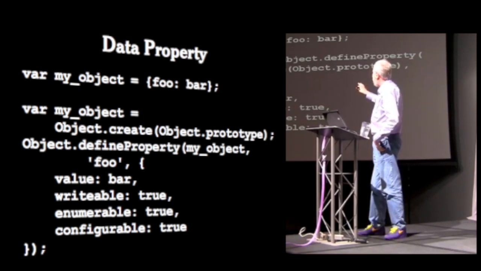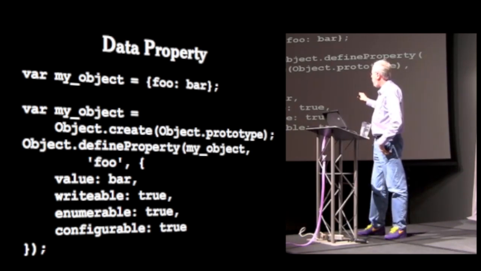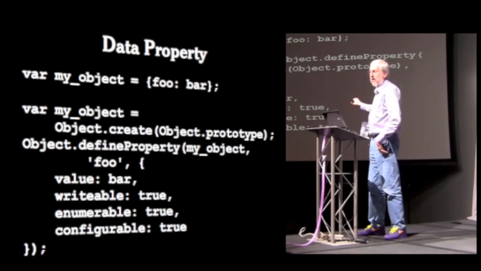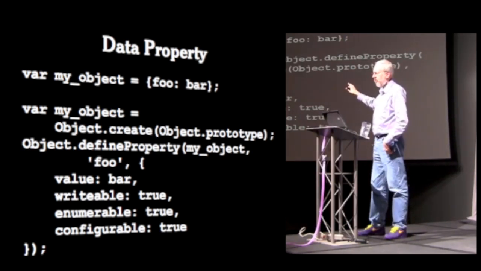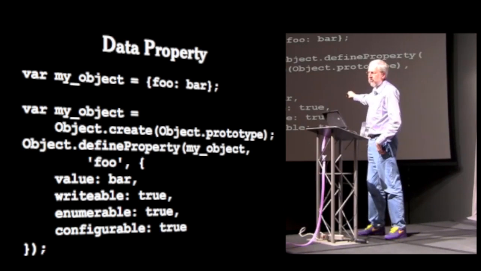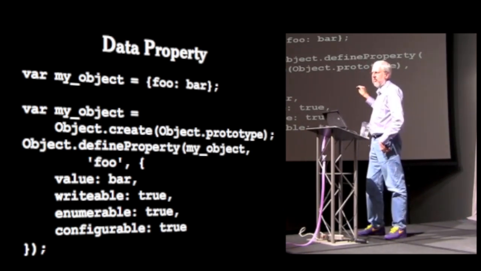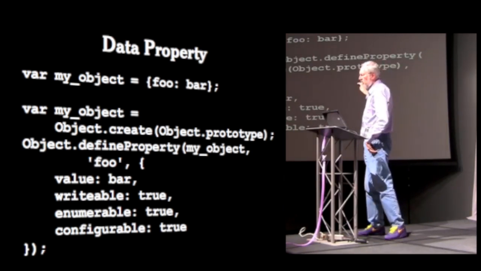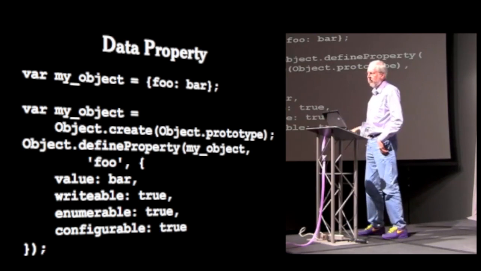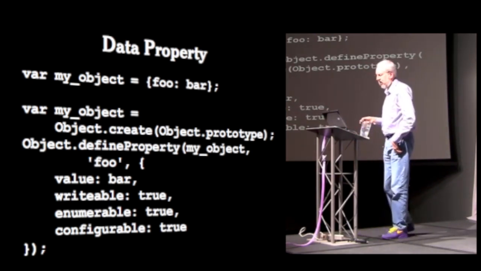So here I now have control, finally, over writable, enumerable, and configurable. The default for object literals is to set them all to true. The default for this form is to set them all to false. So you have to explicitly set them to true if you want them to be true. So we finally have control over those bits now, and that's a powerful thing.